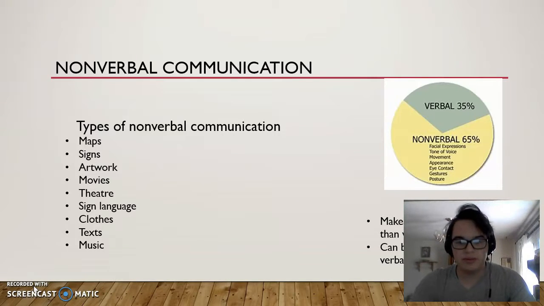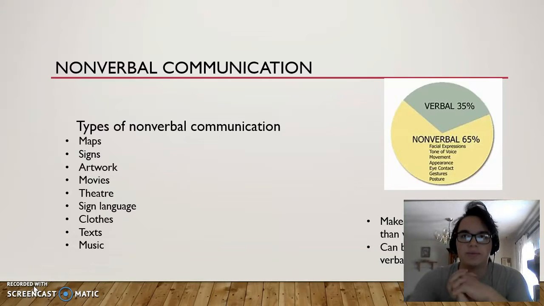As you can see on my list on the screen, there is a huge assortment of things that make up nonverbal communication. Things like sign language, movies, songs, maps, text, documents, things like that. I think nonverbal communication can have such a deeper meaning to it than verbal communication.